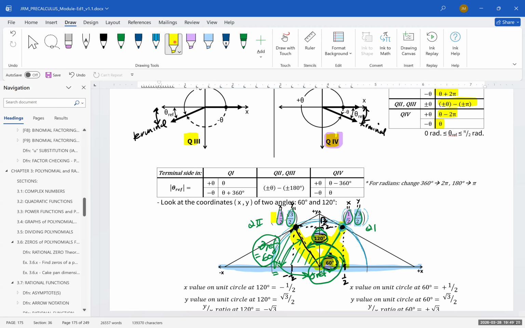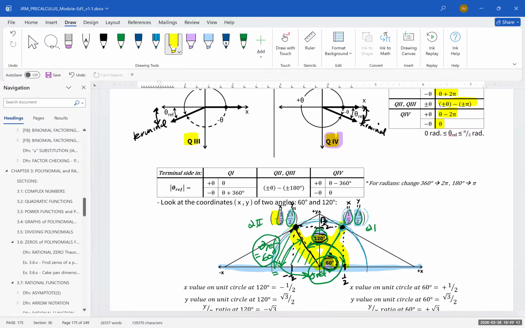Now, true, this one's negative, okay? But still, the fact that they're 1/2 and square root of 3 over 2, both of them, is an important thing to remember. These numbers, 1/2 and square root of 3 over 2, are going to come up a lot in trigonometry and trig functions.